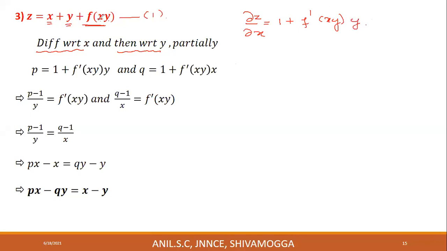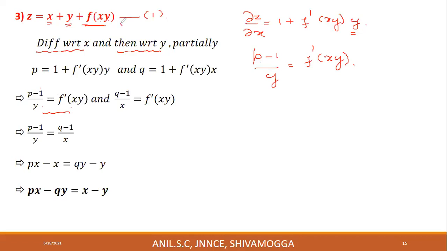The derivative of x with respect to x is 1. And we know that del z by del x is denoted by p. Transform this plus 1 to LHS, divided by this y, is equal to f dash xy. That's what I've written here. F dash xy is equal to p minus 1 divided by y.